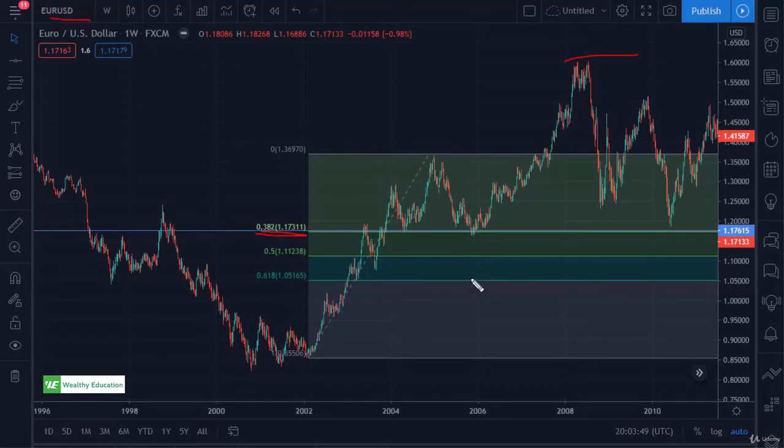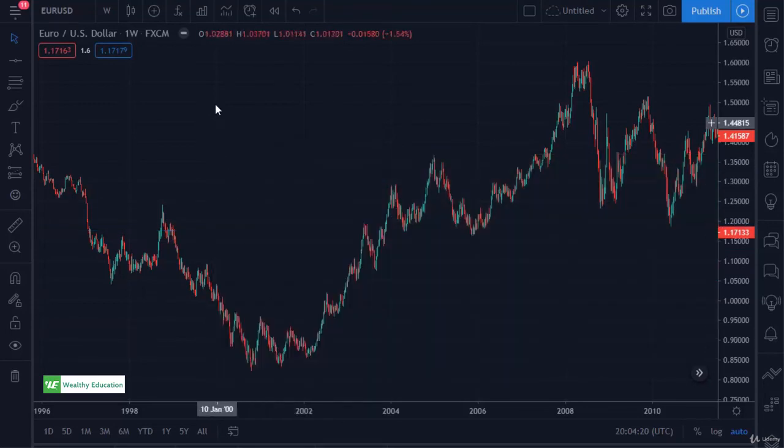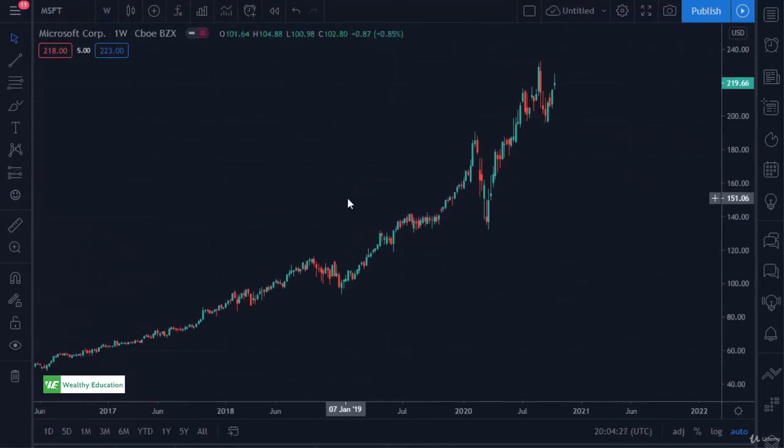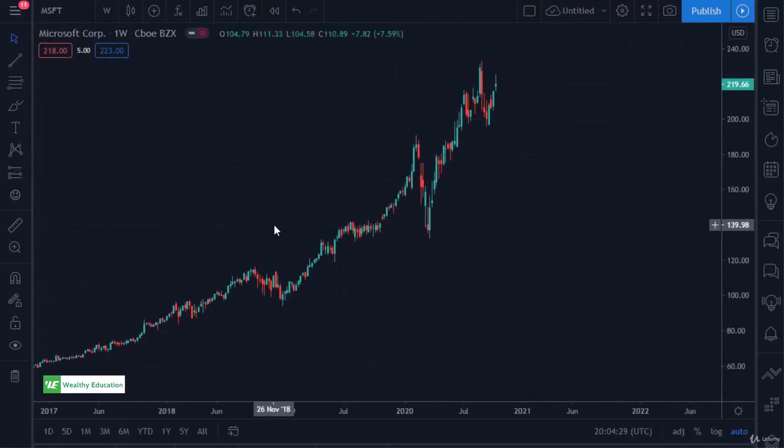These are big moves. 50 is average, 61.8, a little bit more average. 50 actually technically is not a Fibonacci retracement number, but it's included in the tool because 50% retracements have been used so long on Wall Street and places like that, traders just have included them in the Fibonacci toolkit. It's really for no other reason than that.